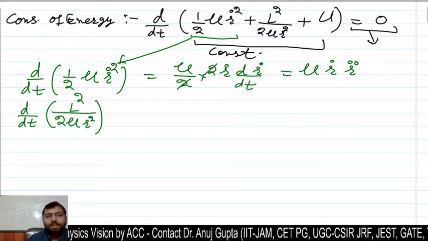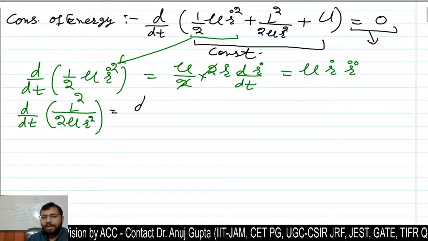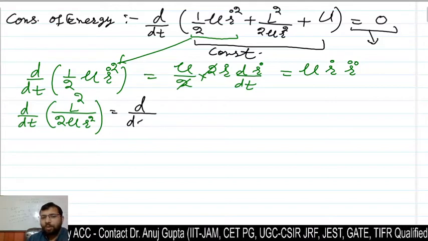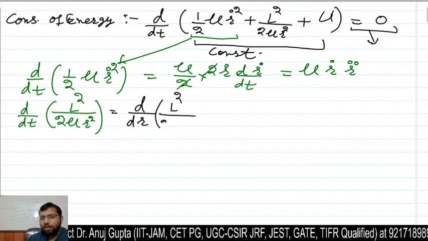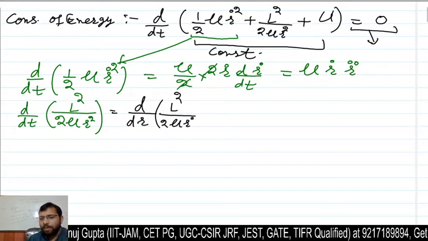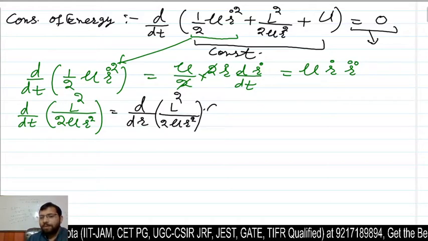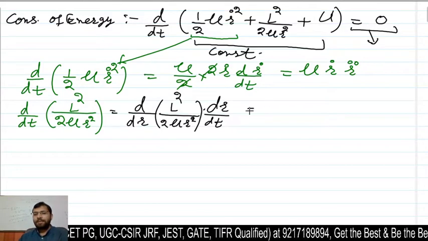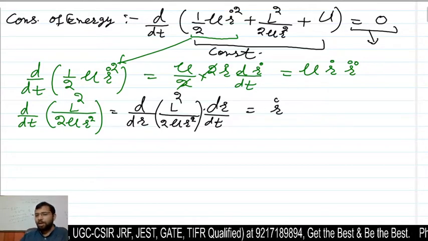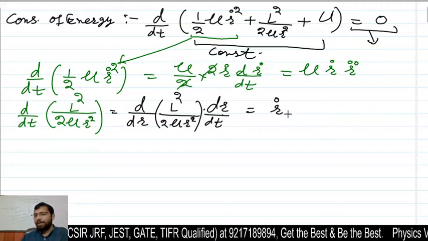What we will do for this? We will take its derivative with respect to r, L square upon 2 mu r square, and derivative of r with respect to t. This can be easily written as r dot. dr by dt is r dot.